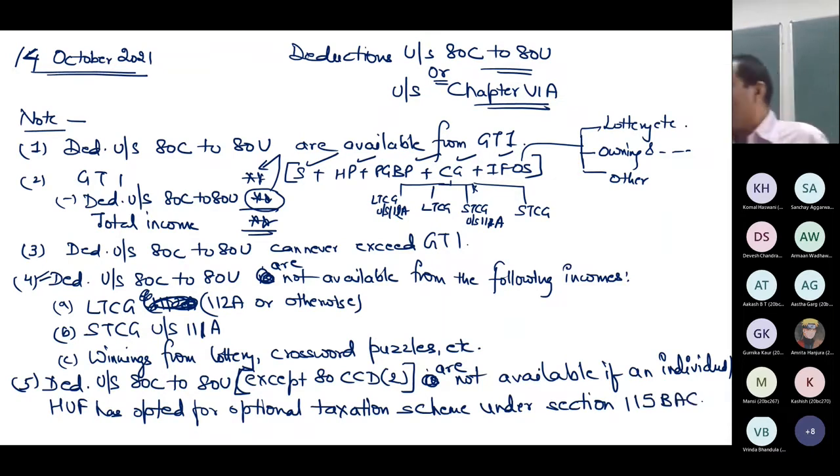In case you have opted for optional taxation scheme, you cannot claim any deduction under section 115BAC.